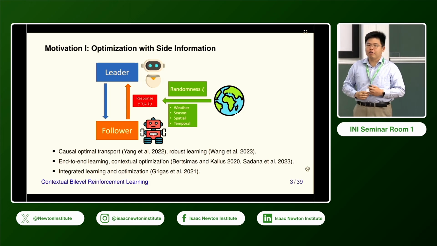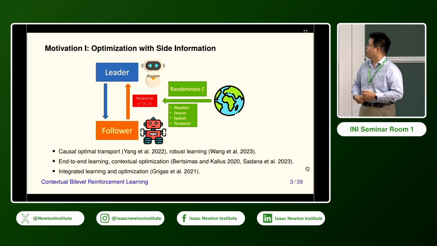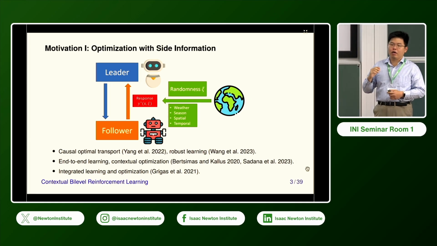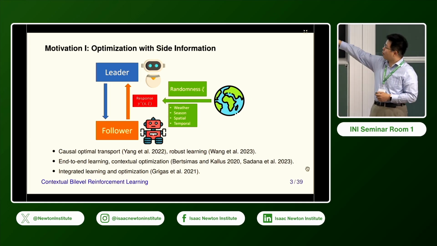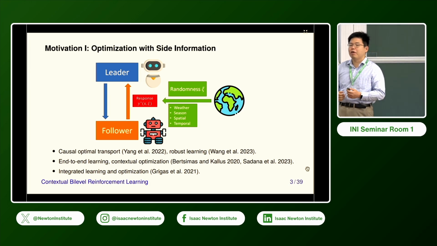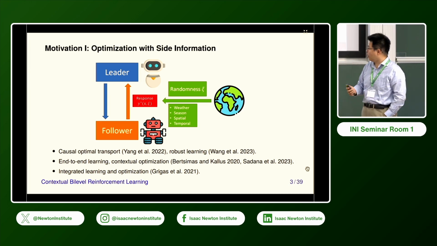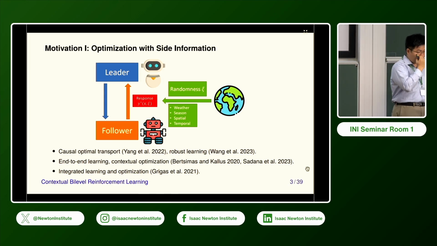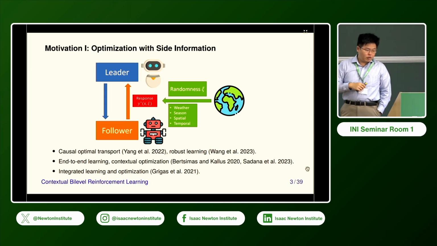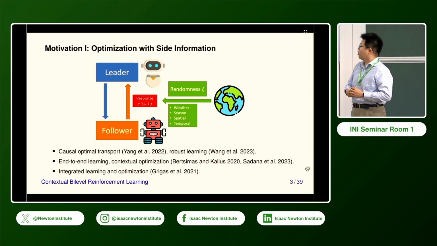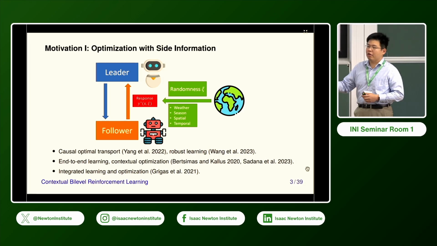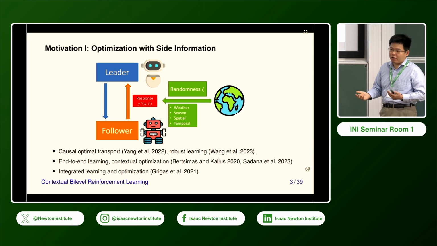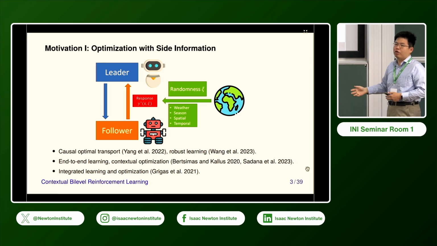Similar things could also happen a lot of times in operations research and in machine learning. So basically, this randomness could affect how the follower makes their best response. So the best response may not only depend on the leader's decision, but also on this realized randomness, okay? It has many interesting applications, a lot of times coming from robust optimization and learning, and also the so-called integrated estimation and optimization, or integrated learning and optimization, because many of the problems are like, you need to learn some parameters or learn some models and then plug them in to do your decision making.